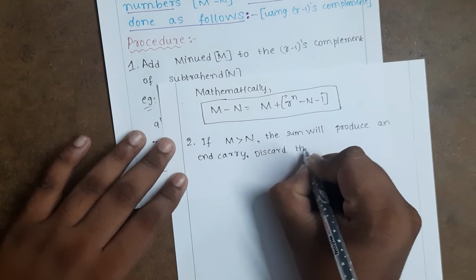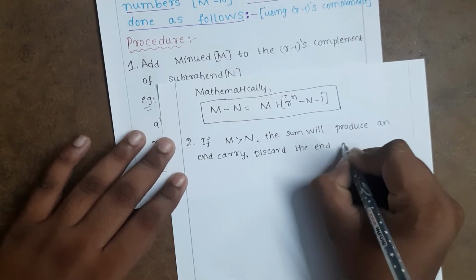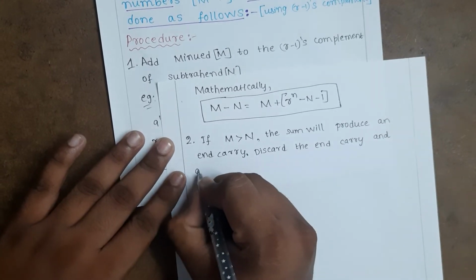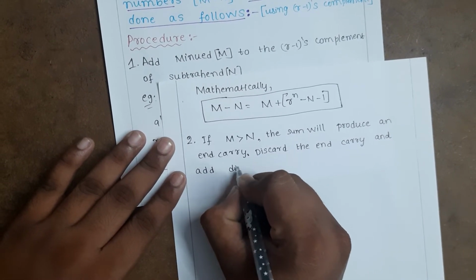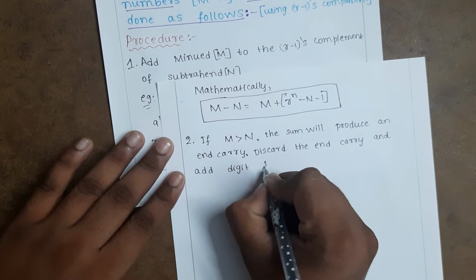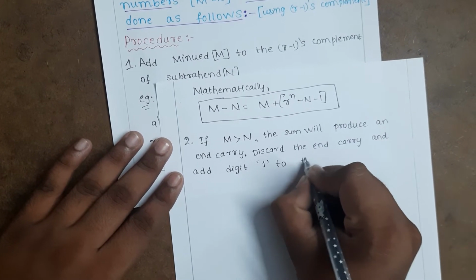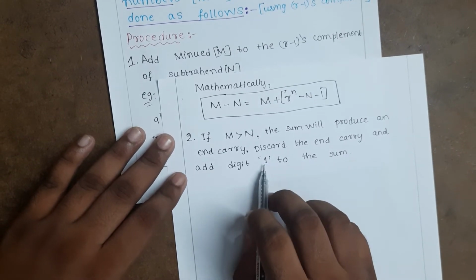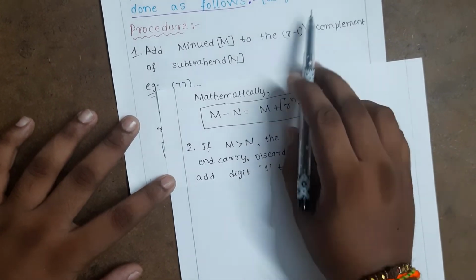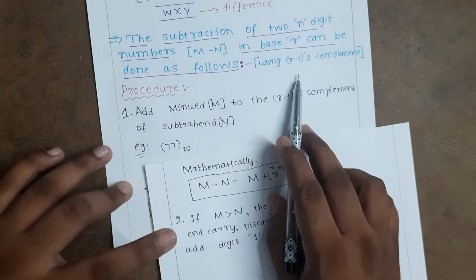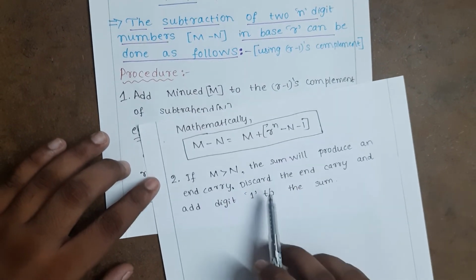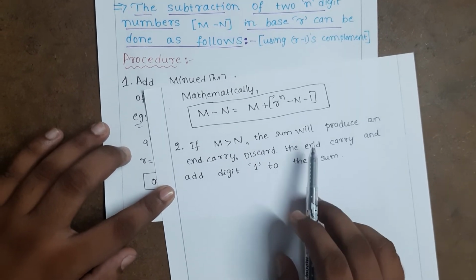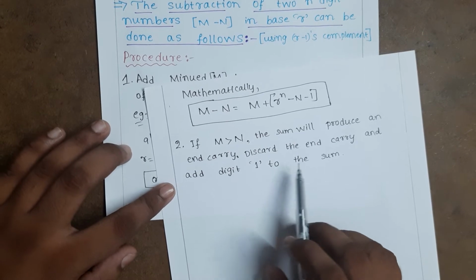Discard the end carry and add digit 1 to the sum. Here we are adding digit 1 because we are calculating using the r-1's complement. If we calculate using the r's complement, there is no need to add digit 1. As we are using the r-1's complement, we should add 1 at the end.